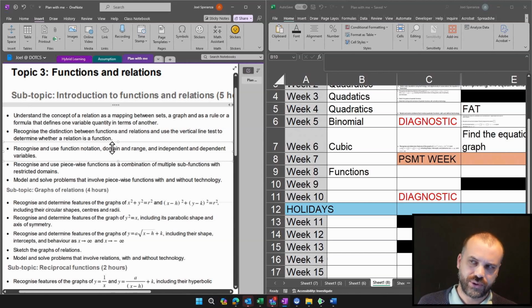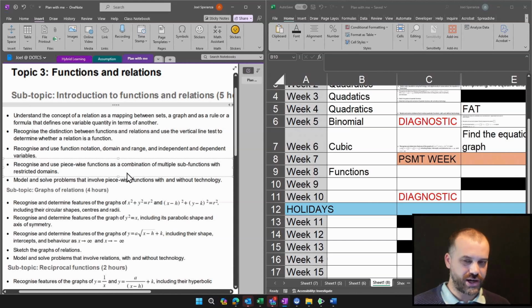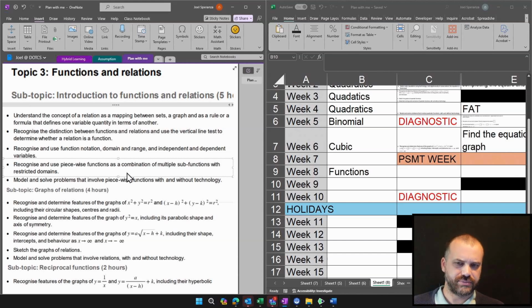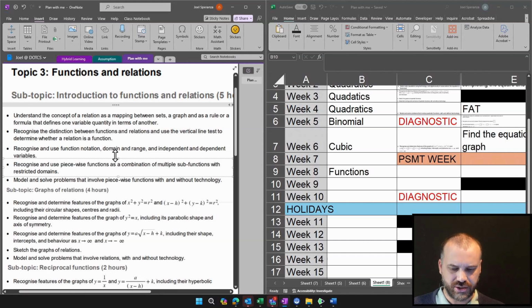If you end up diving into textbooks, there's a bunch of questions asking you to identify domains and ranges from really weird equations sometimes. I don't think that's the intention here. I don't think that's what we need. There's a danger of spending a lot of time getting super theoretical where it's not required.